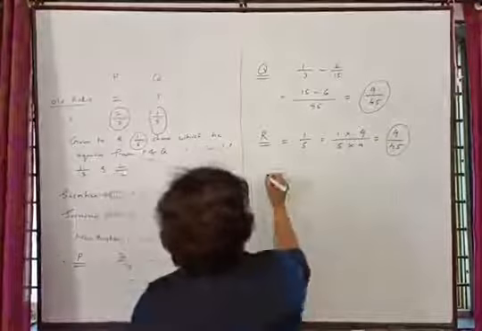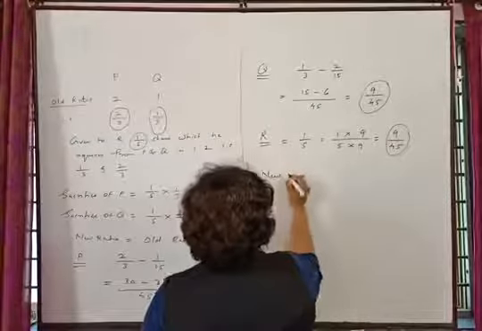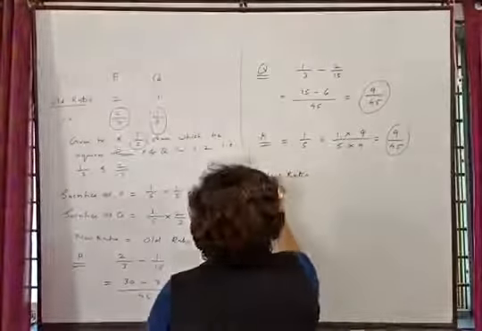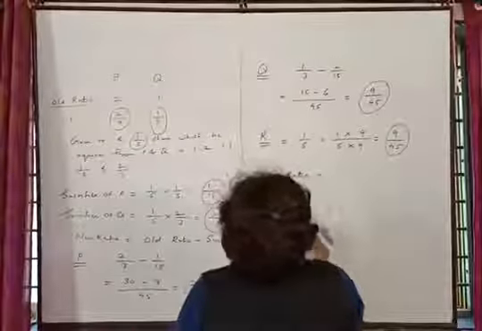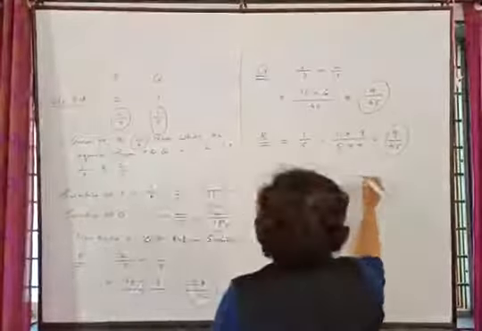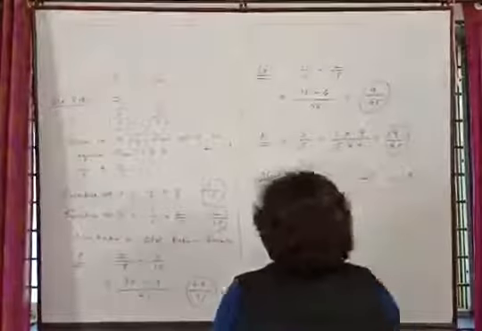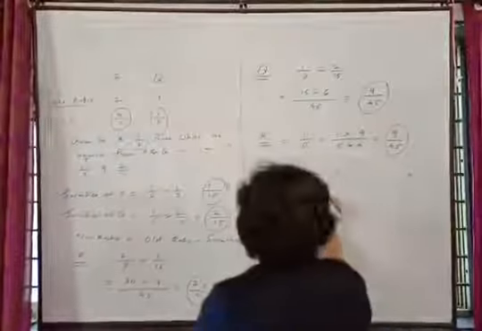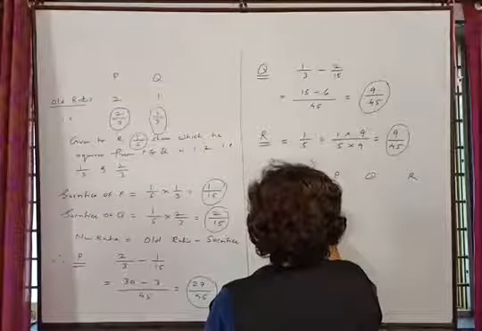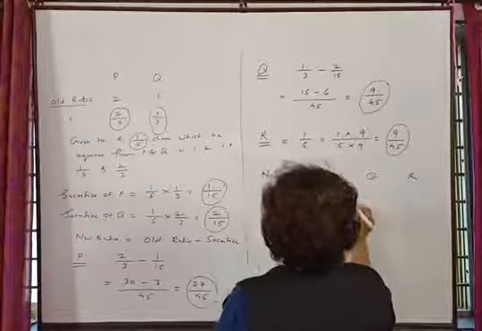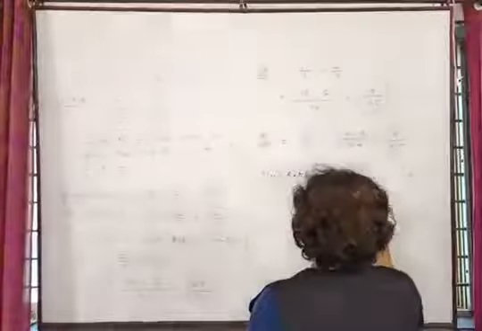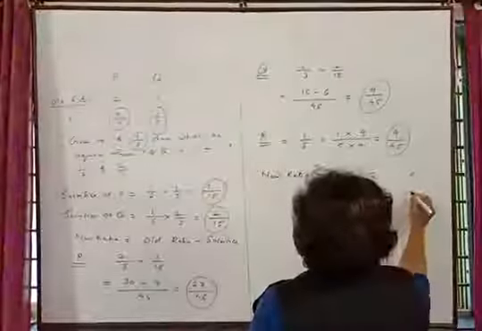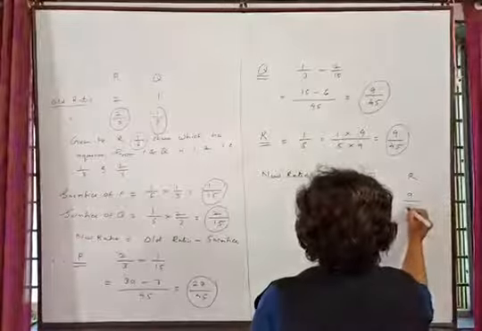Now we will write down the new ratio of the three partners. New ratio of P is 27/45, of Q 9 upon 45, of R 9 upon 45.